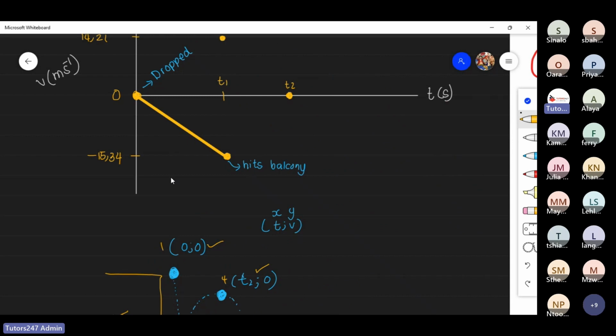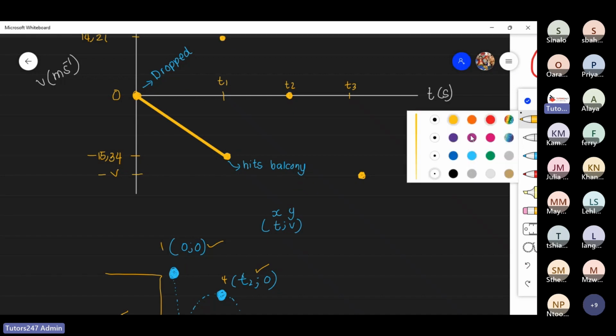But what we can do is just give it some random negative V value. We don't have to put the actual value if you don't want to. If you want to take the initiative and put the actual value, you can, but you don't have to. So let's just put it as negative V. So it's some negative value and its time is T3. So we'll plot it over here.